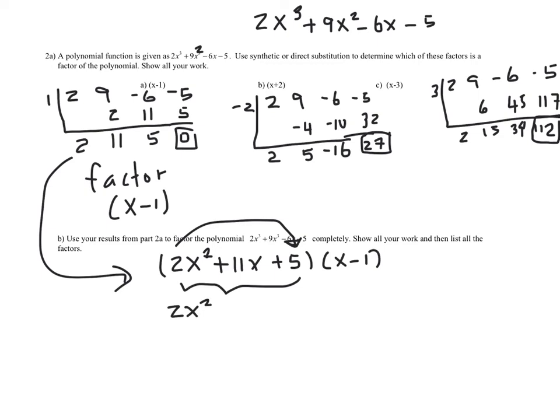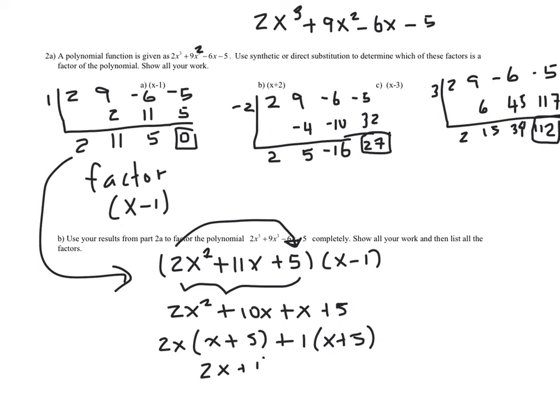Two numbers I can multiply to get 10 are 1 and 10, so 10x plus 1x plus 5. Then I just need to factor: 2x times x plus 5, plus 1 times x plus 5. What factors do I get? 2x plus 1 outside the parentheses, and in parentheses I have x plus 5.